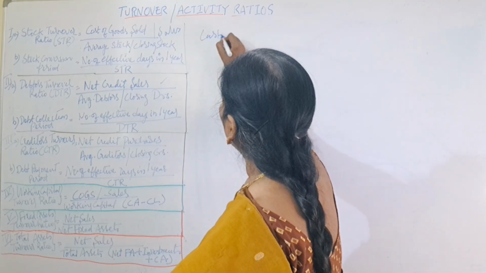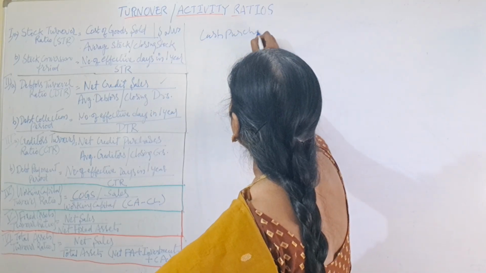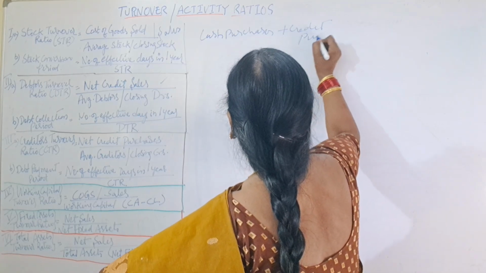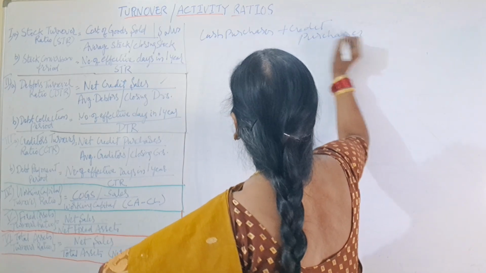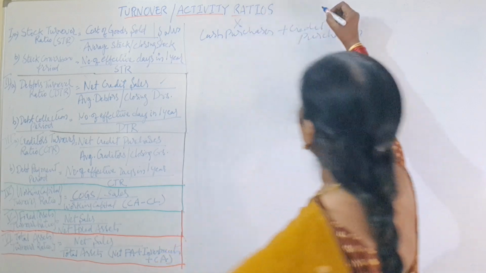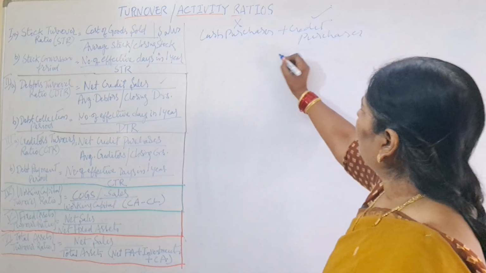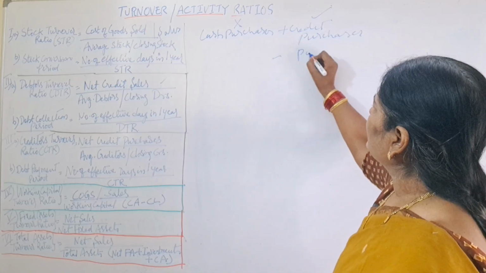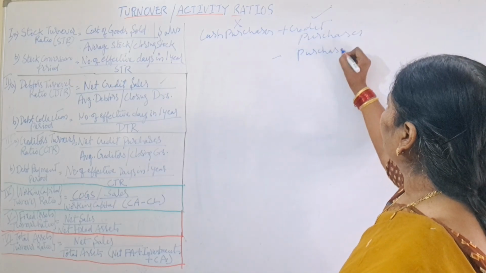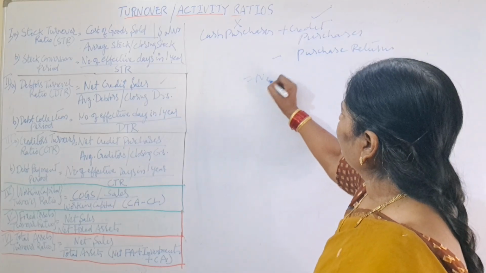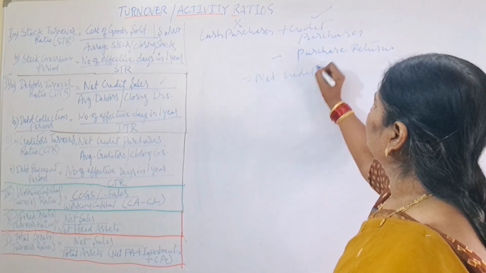When we have cash purchases and credit purchases also, we will not take cash purchases into account, but we will take only credit purchases. Okay, and from this amount you have to deduct if any purchase returns are there, right? Then you will get net credit purchases.